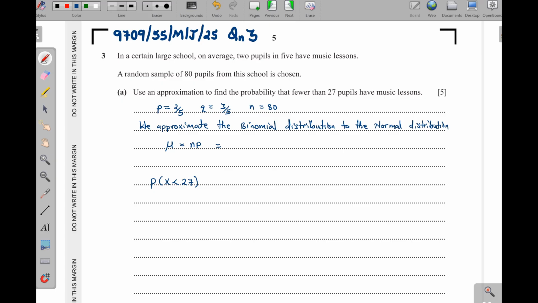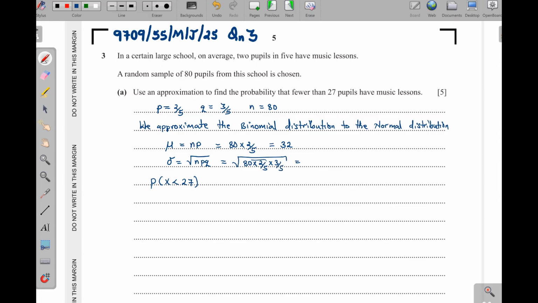So our N is 80, then our P is 2 out of 5. Of course, when I multiply here, 5 goes into 80, 16 times. So 16 times 2 will be 32. And then the standard deviation is the root of the variance, but variance is given as NPQ, which is equal to the square root of 80 times 2 out of 5, then times 3 out of 5.